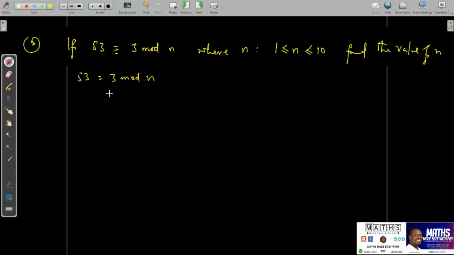We subtract what? 3 from 53. So it's going to be 53 minus 3. And that gives us an answer of what? 50. Then we write down the factors of 50.